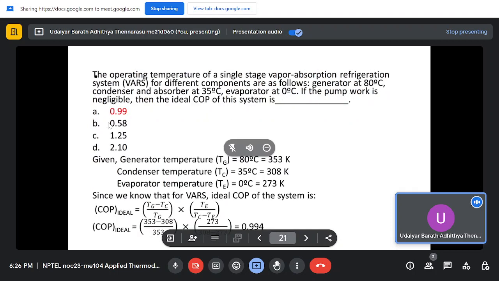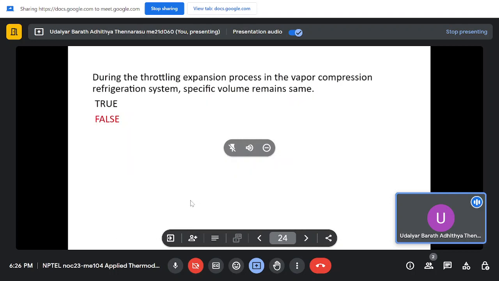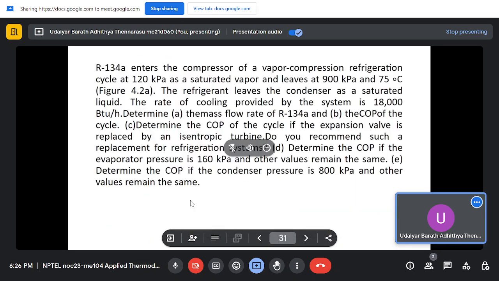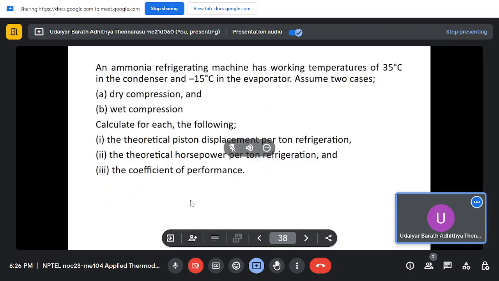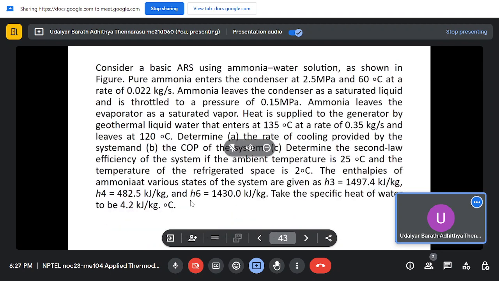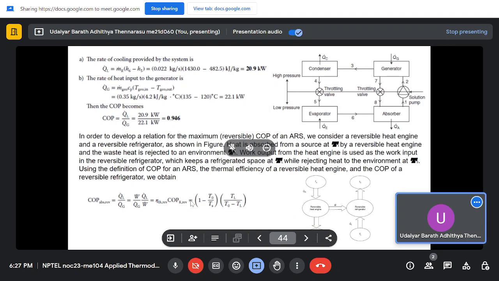So in this case, the ideal COP of the refrigerator can be defined as follows. You can think of this as a schematic. Think of this as a reversible heat engine, which is the generator-absorber combination, driving the refrigerator.